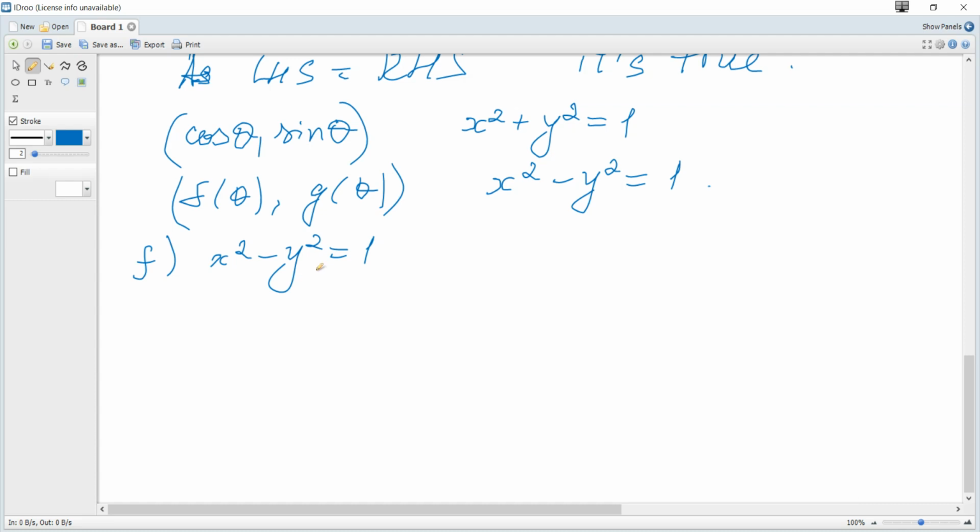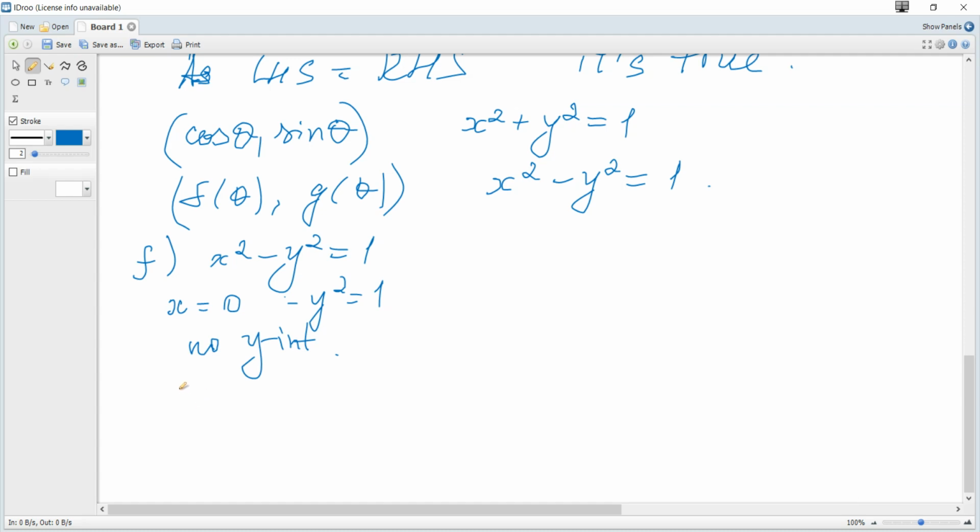So if we consider intercepts when x is 0, it becomes minus y squared is 1, so there are no y intercepts.